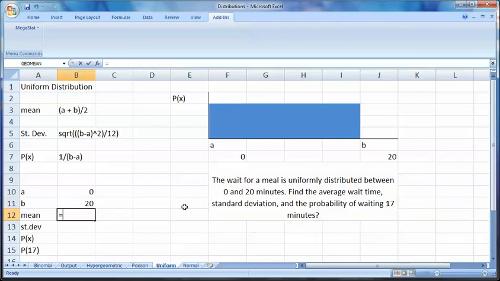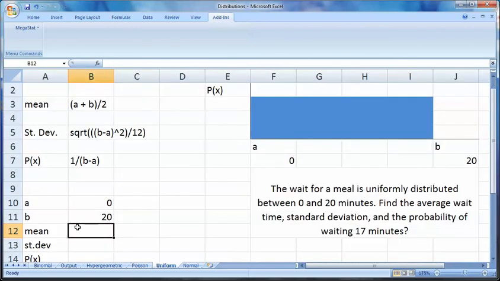The mean is going to be equal sign, I'll go ahead and zoom in here a little bit more, parenthesis A plus B divided by 2. Now you could type the numbers in, but if you were using this with a number of problems, you can just simply put in the A and the B in these cells and the data will come out. And we push enter. So 10.